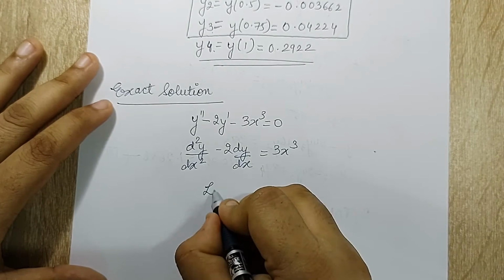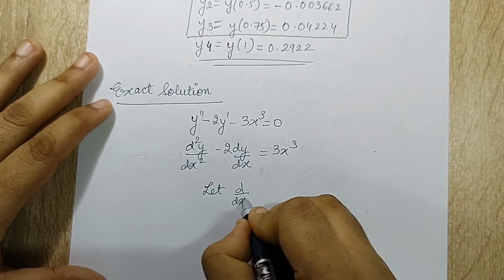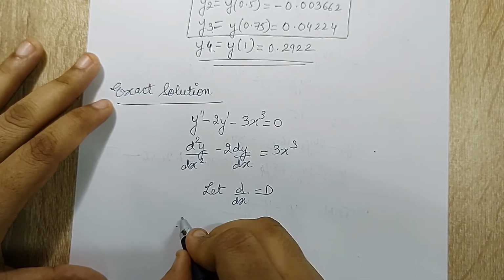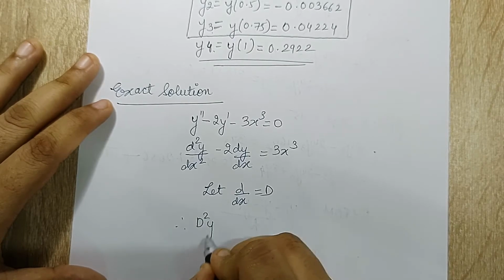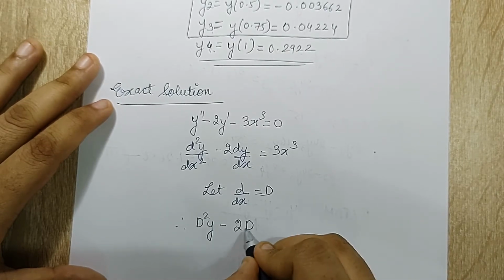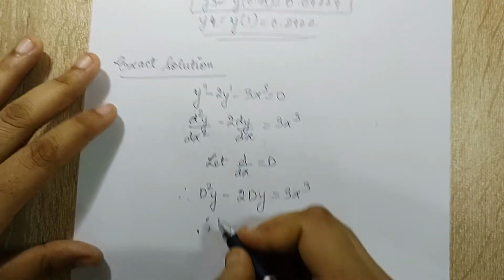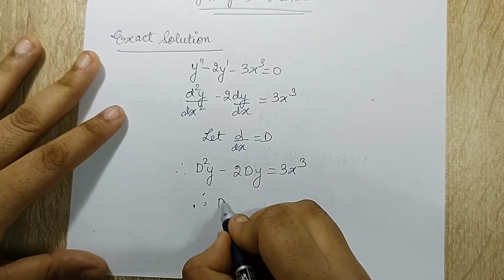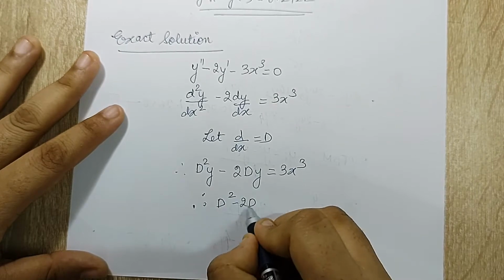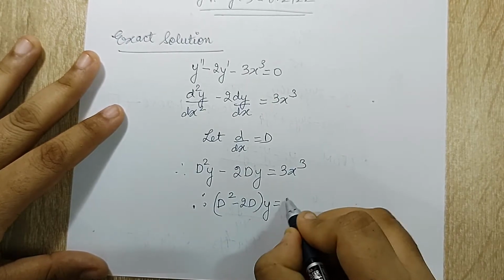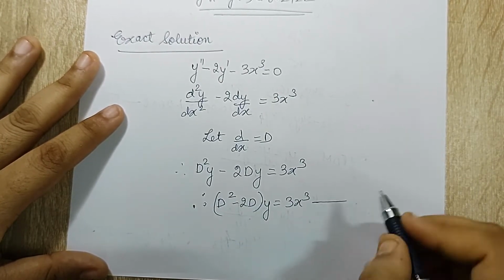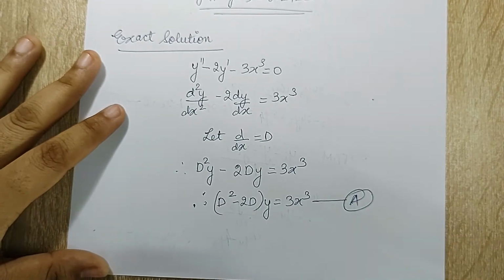I can write d by dx as capital D. So this equation becomes D square y minus 2Dy is equal to 3x cube. Taking y common, I get D square minus 2D into y is equal to 3x cube. I mark this as equation A.